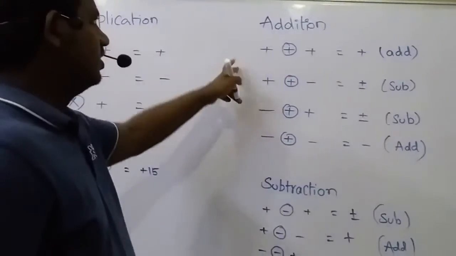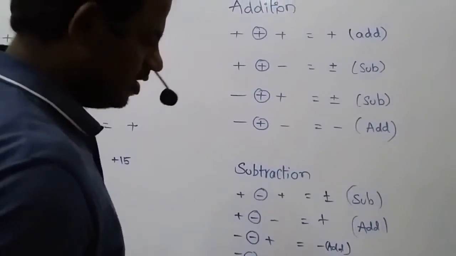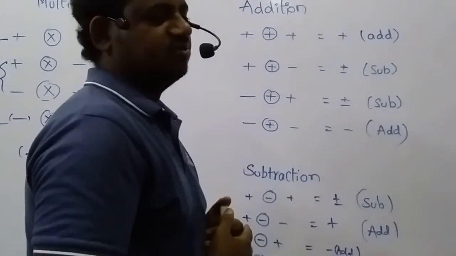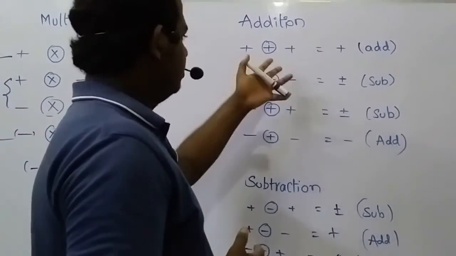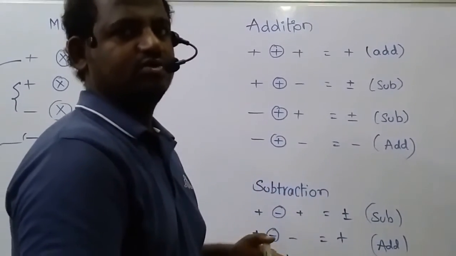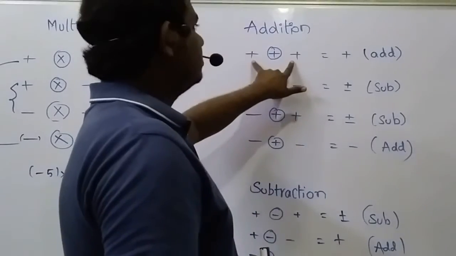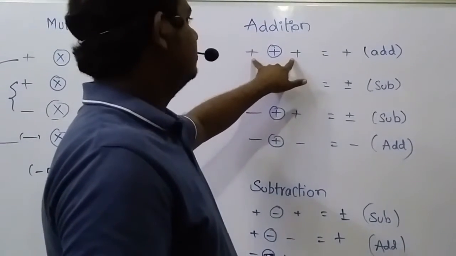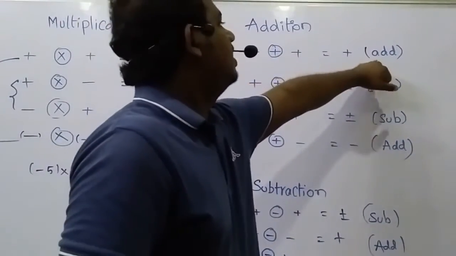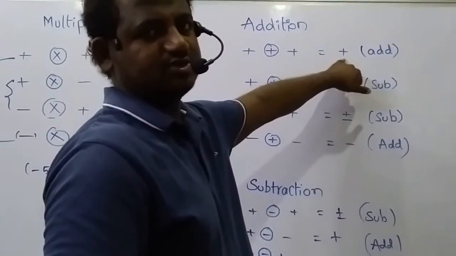Now we will see addition and subtraction. While doing simplification problems, you face a lot of confusion like this in the middle of the solution. If we add two positive numbers, we add the numbers first and then put the positive sign before the addition result.